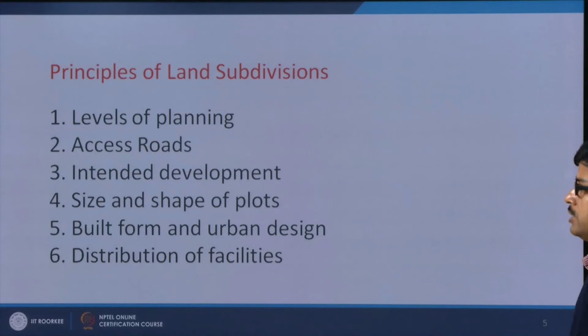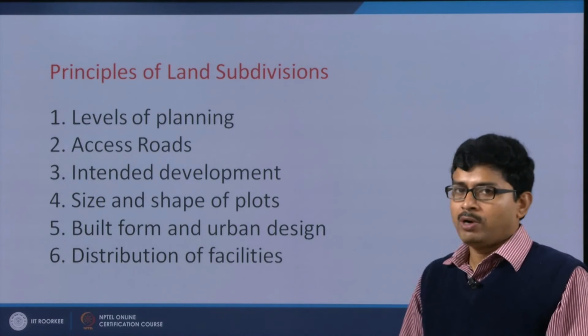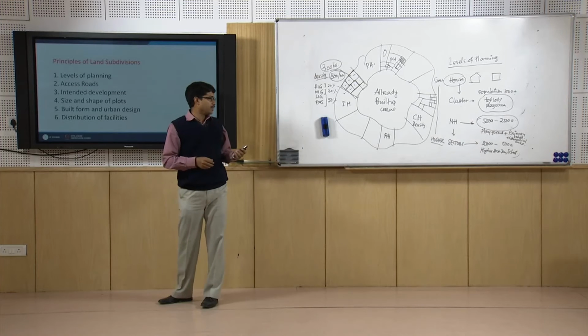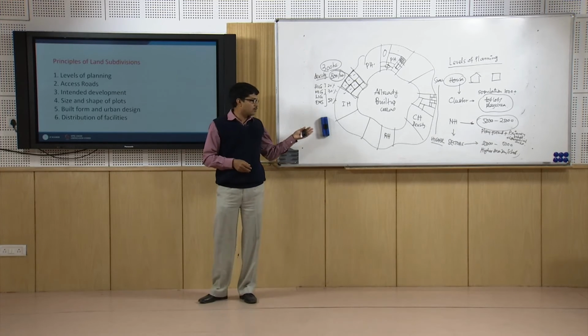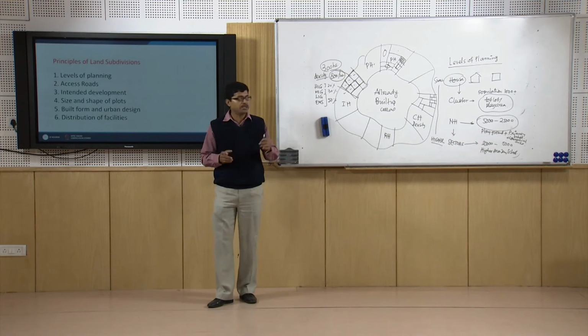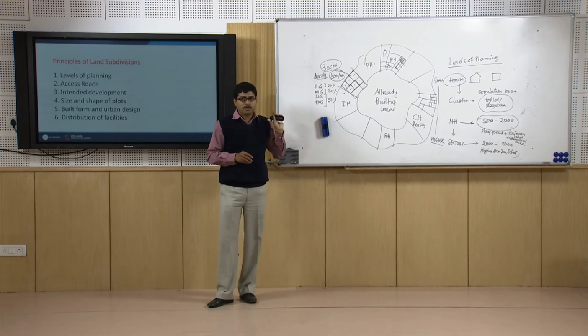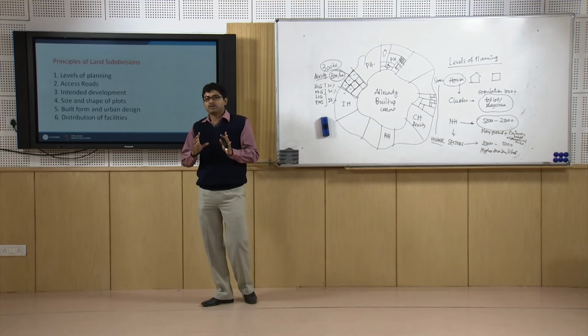The third part is intended development, whether it is group housing, plotted housing, rental housing or cooperative housing. The requirement for cooperative housing is different from group housing because the size of the cooperative housing may be different.